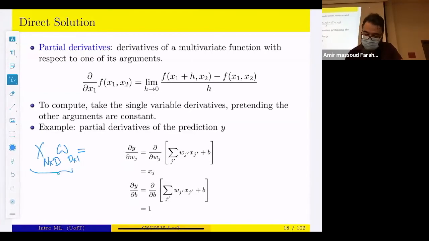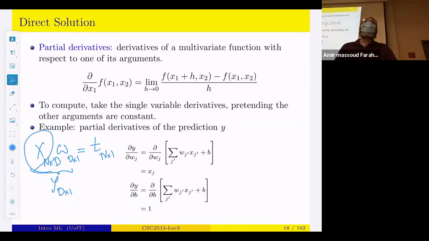That's our predictions, essentially, and we want to make it equal to the targets, n by 1. And then your suggestion is just take the inverse of x. So we can take a pseudo inverse or something like that.